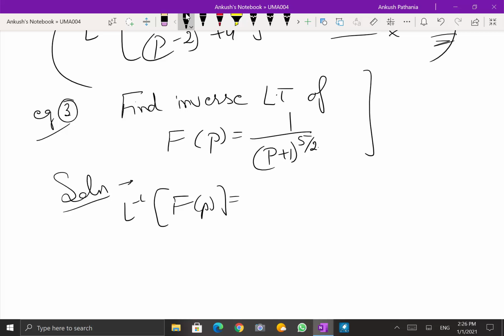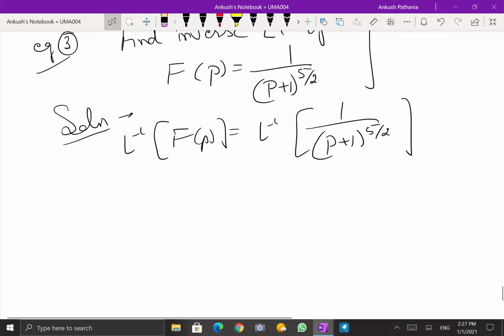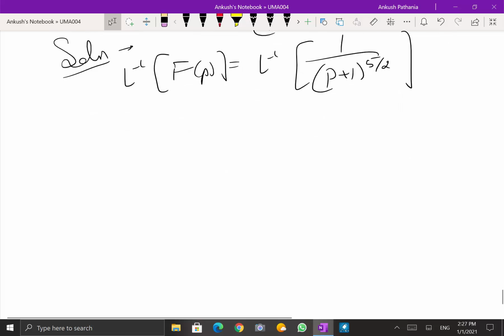So this is the question that we are going to do. This type of problem we have done earlier also, but here the formula or F(p) is not as simple as it was in the previous question.